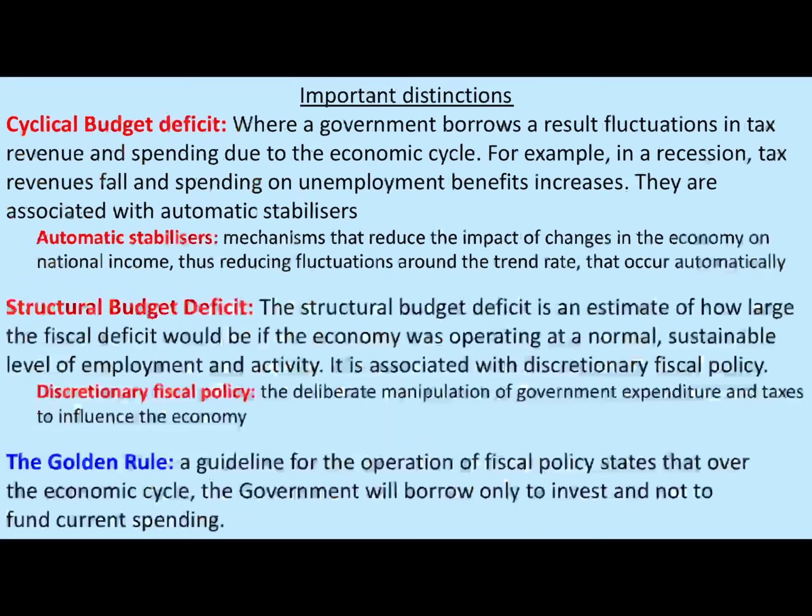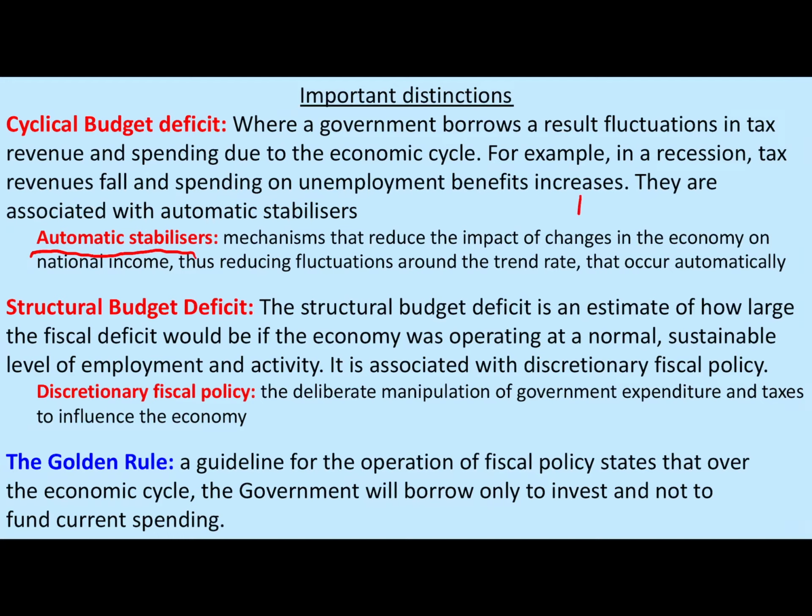These occur automatically with no changes to fiscal policy, and they lead into what is called our automatic stabilisers, because there's no need for the government to try and intervene in the policy, change the policy. So an automatic stabiliser is a mechanism that reduces the impact of changes in the economy on national income, thus reducing fluctuations around the trend rate that occur automatically.